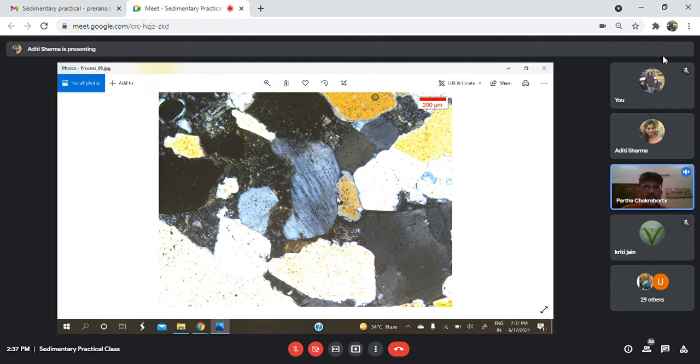Students, if you see the contact between the matrix and the grain, it is very irregular and hazy and not very well defined. And what I can make out is that the other grain on the left of it may also be part of the same grain. And the matrix in between is what we call the pseudomatrix.